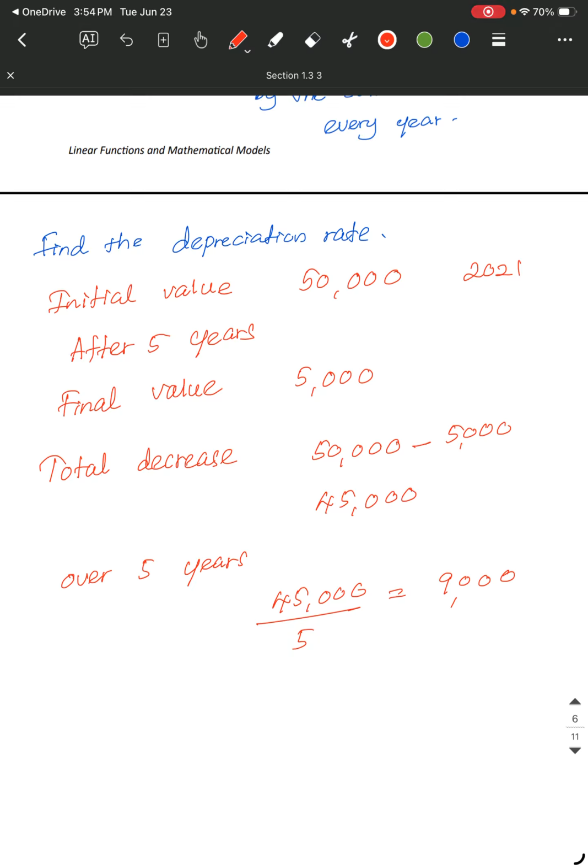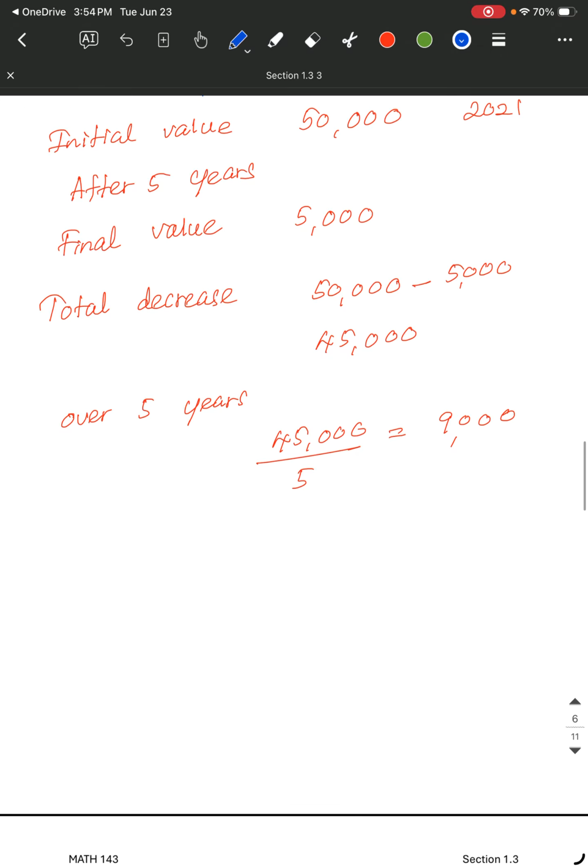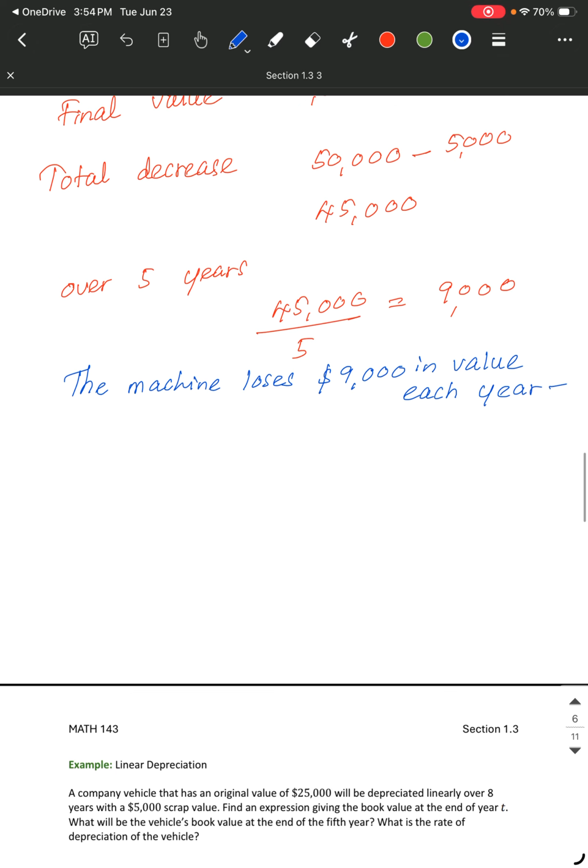Therefore, the machine loses $9,000 in value each year. Okay, then let's create the model, right?